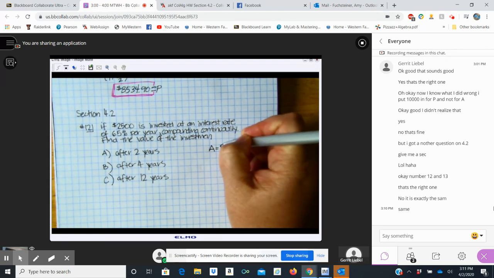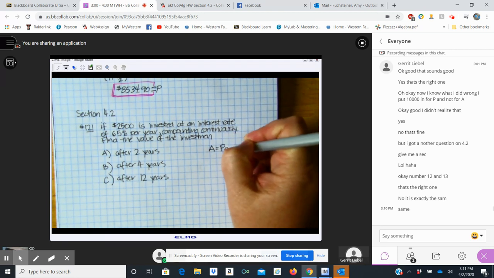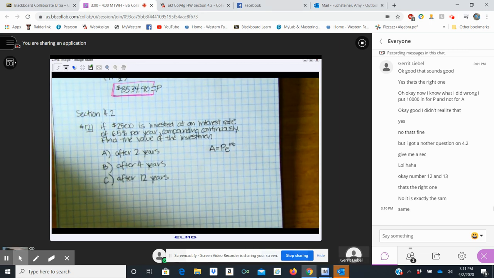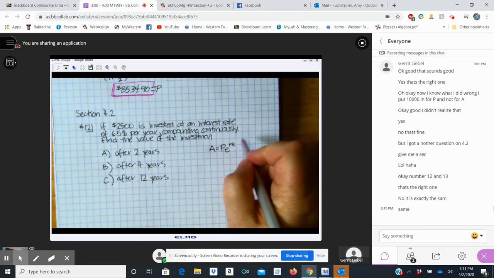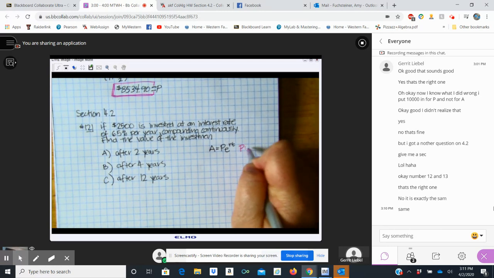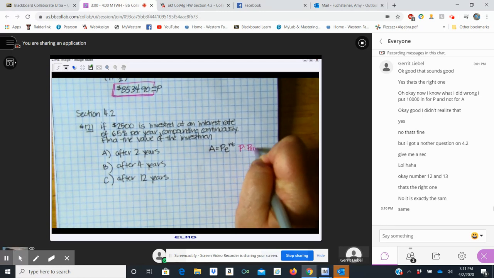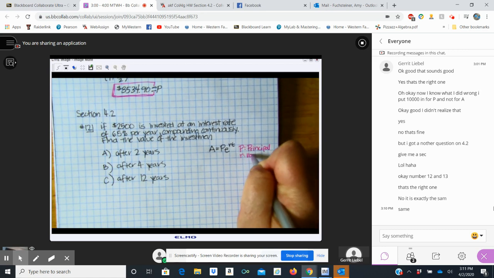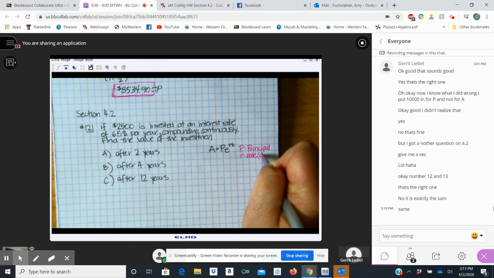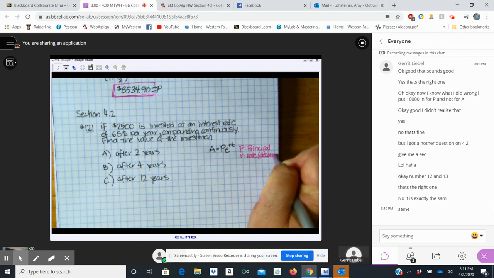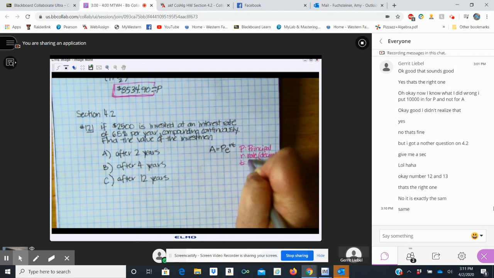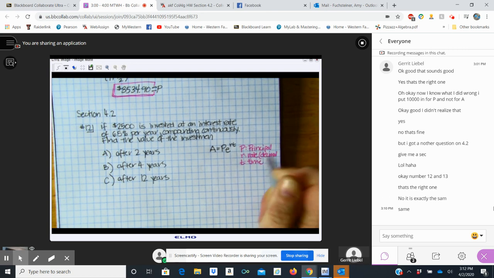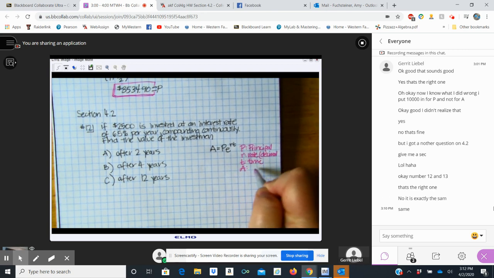A is equal to P times e to the RT. Again, P is your principal or present value. R is your rate, which we'll use as a decimal. T is your time in years.